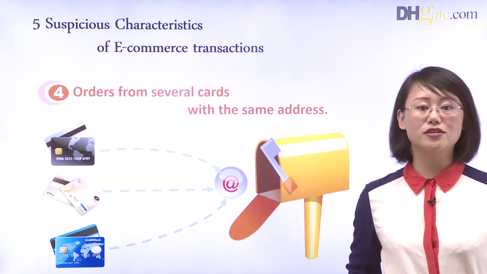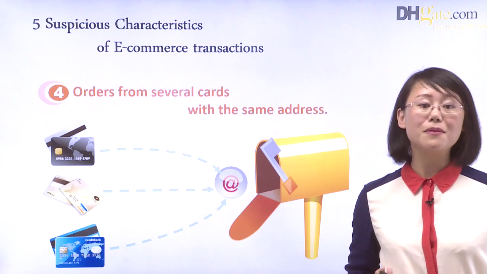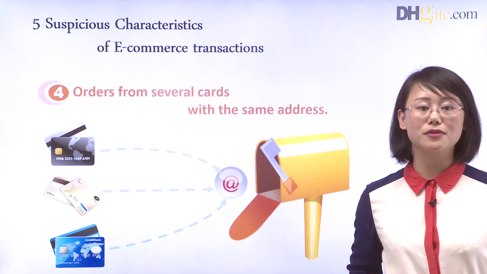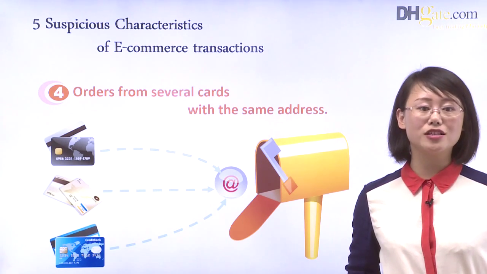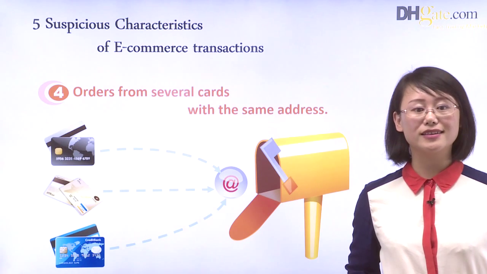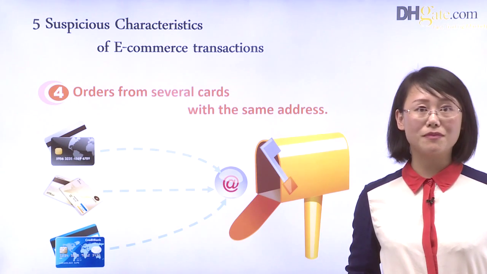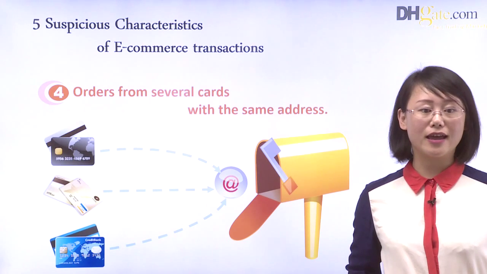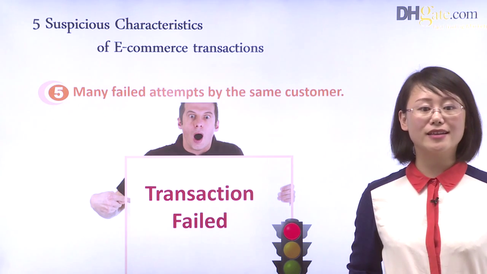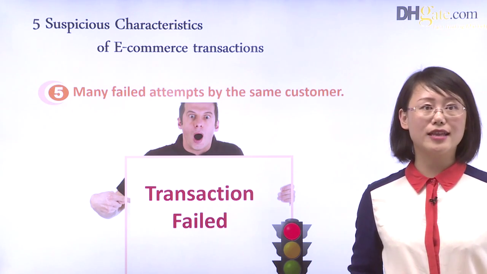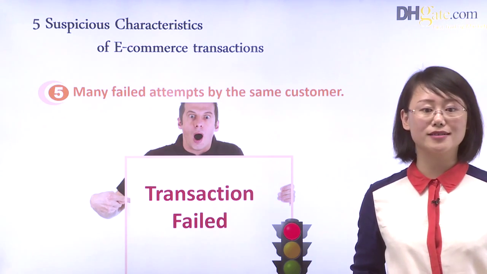Maybe they have stolen a wallet with credit card information or got several credit card numbers from the black market. They're trying to use as many credit cards as they can to get profit. The fifth one is many failed attempts by the same customers.